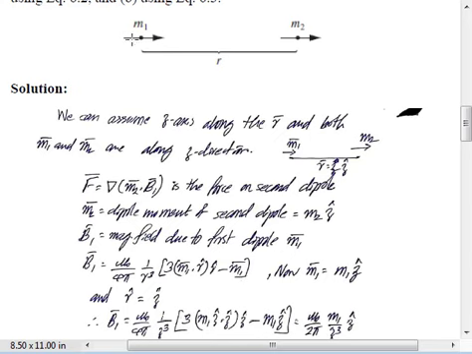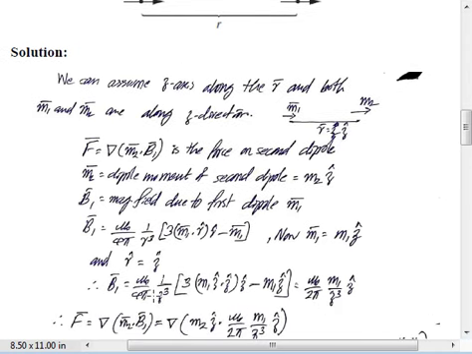Now here m1 is directed along the z direction, so vector m1 is equal to magnitude of m1 into z cap, and r cap is the unit vector from m1 to m2, so it is equal to z cap here.